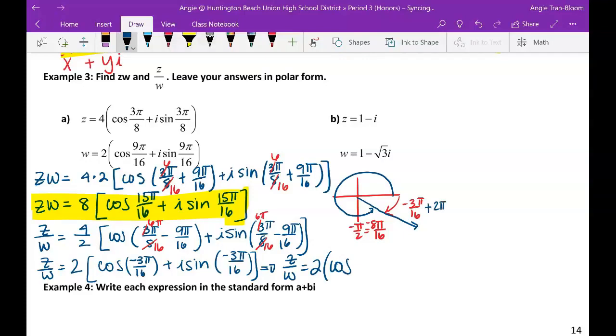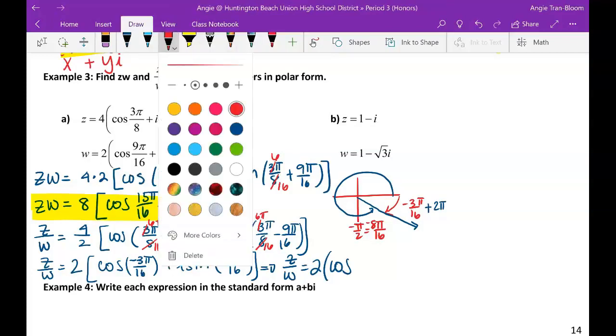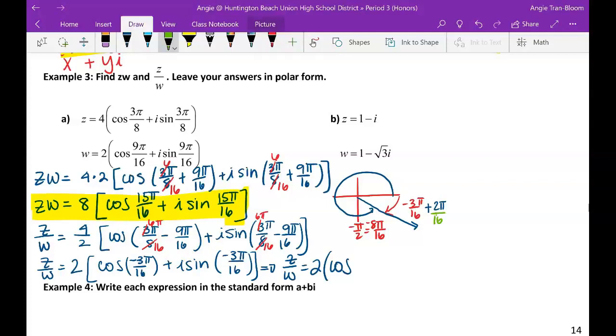With a common denominator of 16, 2 pi is 32 pi over 16. So negative 3 pi plus 32 pi, now you are at a positive 29 pi over 16. And that's how you convert all of that to a positive angle.